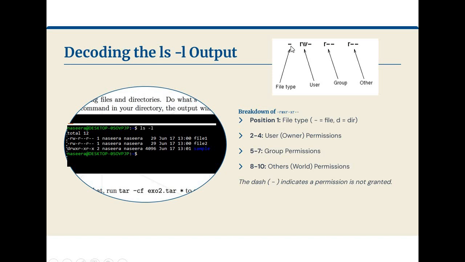As I already said, the first character is to represent the type of the file, followed by three characters that define the permissions for the user. Next three characters define the type of permissions a group has. Next three characters, type of permissions others has.